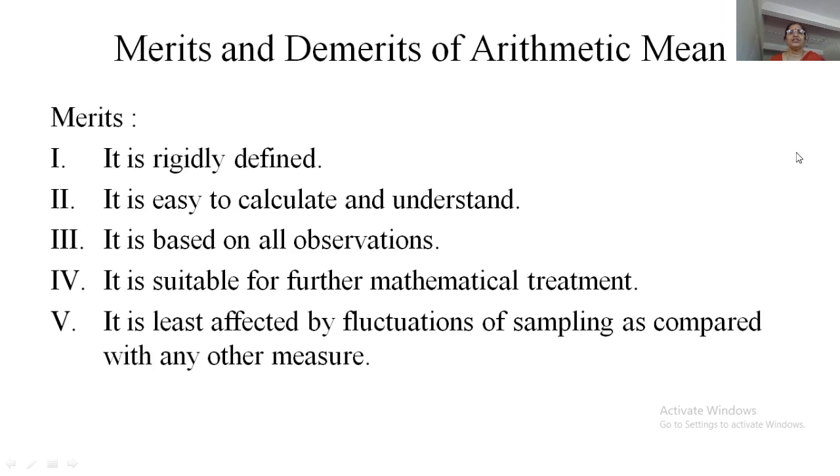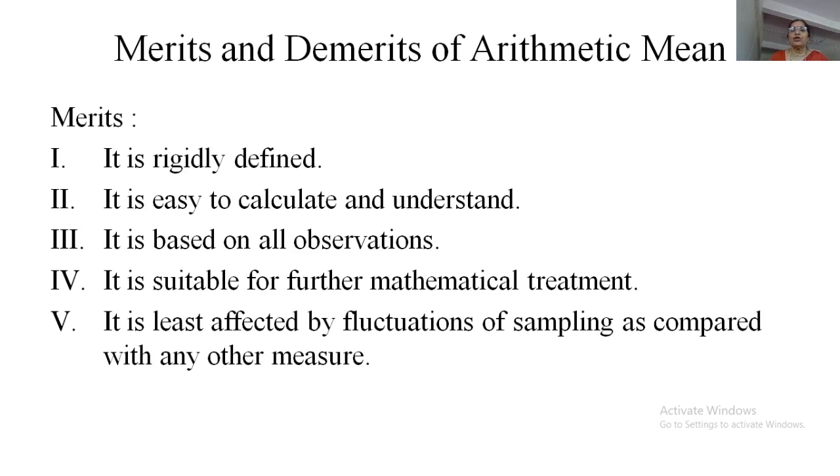Now, what are the merits and demerits of arithmetic mean? There is usually one question: define arithmetic mean and state merits and demerits of arithmetic mean. When you are comparing different types of means, we know that we have three types of computational averages, namely arithmetic mean, geometric mean, and harmonic mean, and two types of positional averages, that is median and mode.